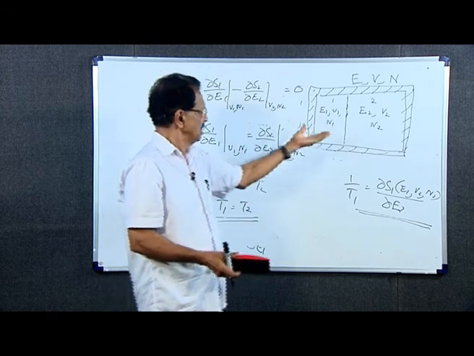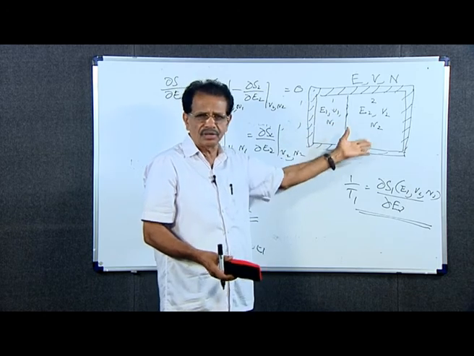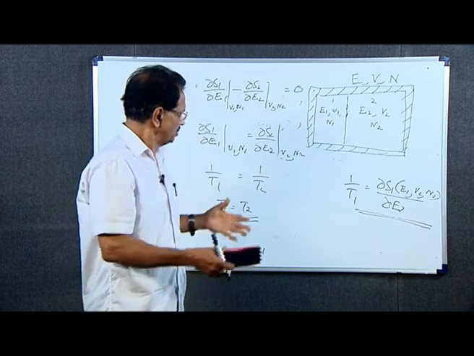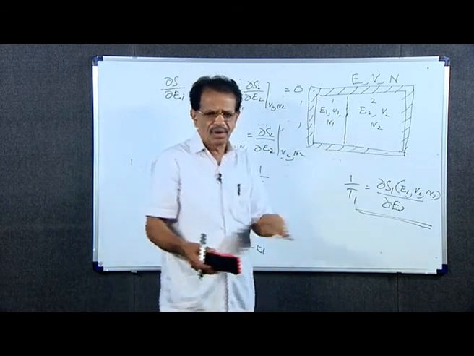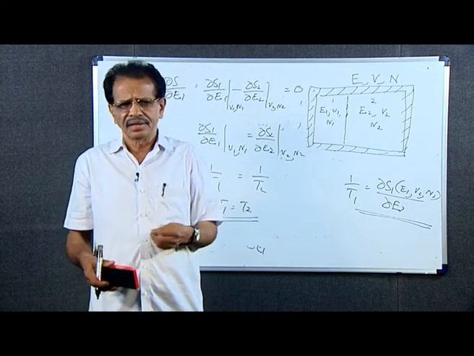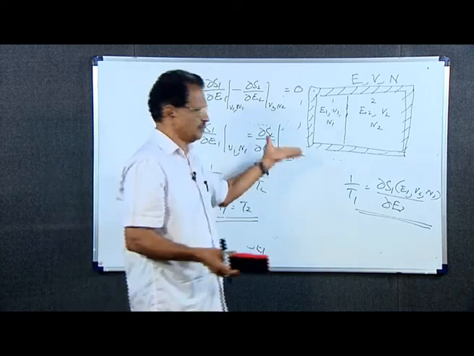Similarly, if the number of particles is allowed to change from region 1 to region 2, what happens when it reaches equilibrium? Then we will get other thermodynamic parameters for region 1 and region 2. So all these thermodynamic parameters can be calculated in terms of entropy. That is one of the great advantages, the beauty of these expressions.